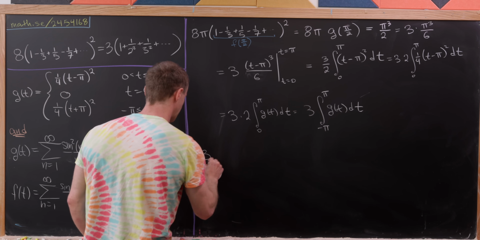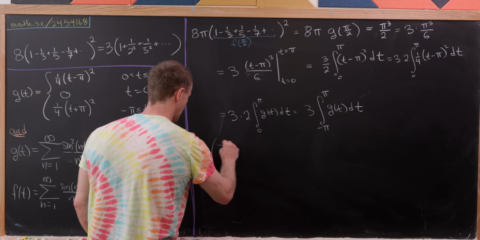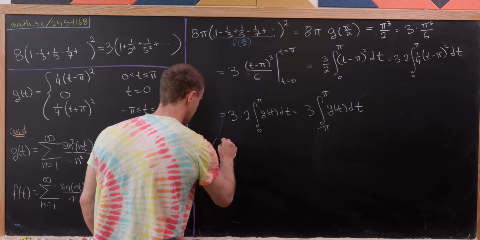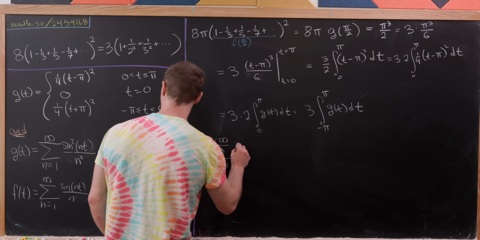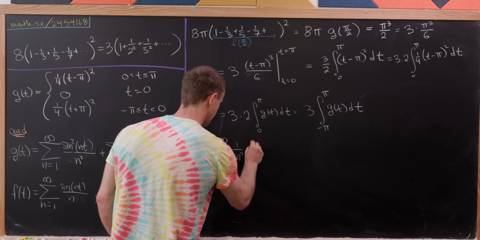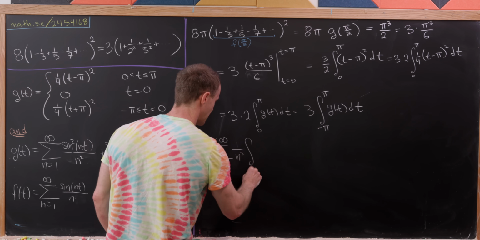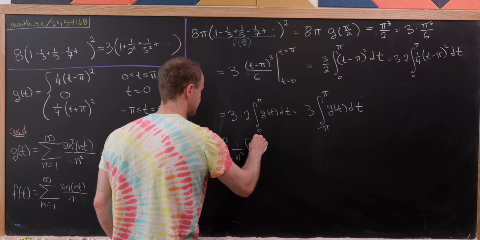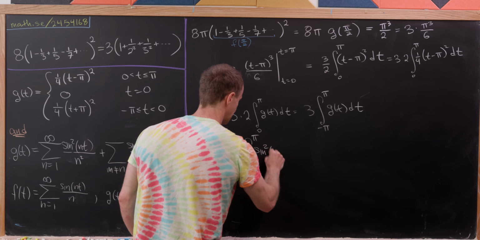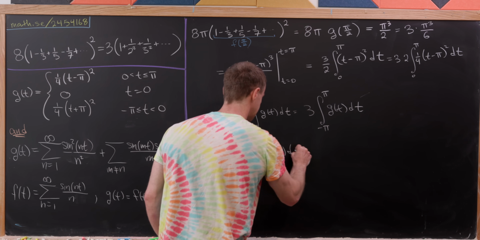So that's going to leave us with 3, and then we'll have the sum as n goes from 1 to infinity of 1 over n squared, and then the integral from minus pi to pi of sine squared of n times t dt.